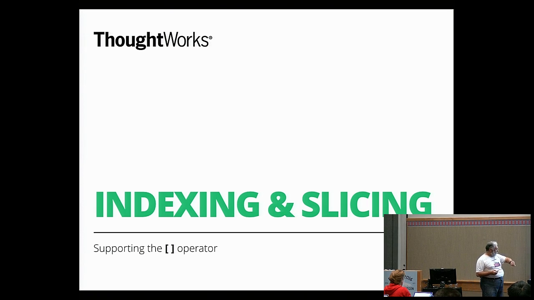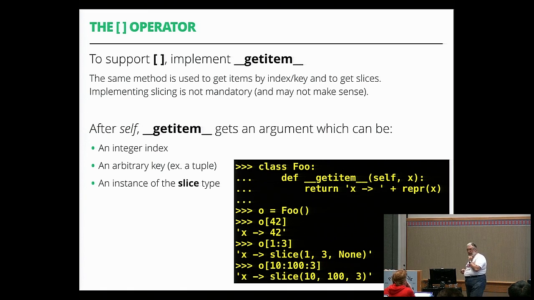Indexing and slicing. Okay, so indexing and slicing. If you want to support bracket notation to retrieve items in a collection, you implement __getitem__. And this method is kind of overloaded for several functions because it's the same method that is used in sequences where you retrieve items by an integer index, but it's also used in mappings where you retrieve items using some arbitrary key.